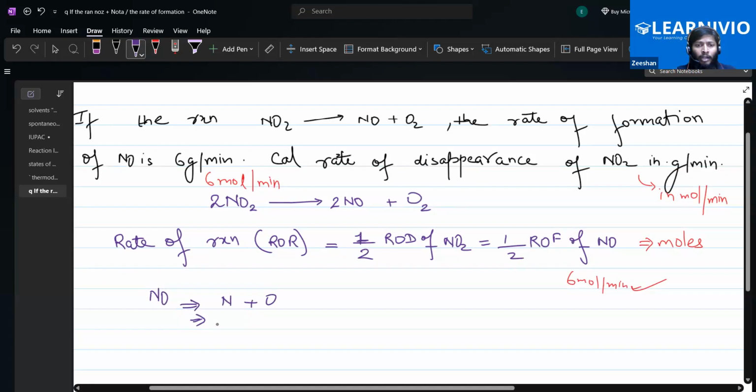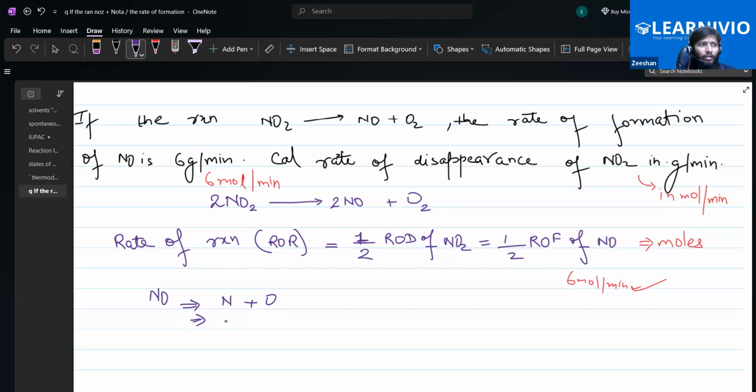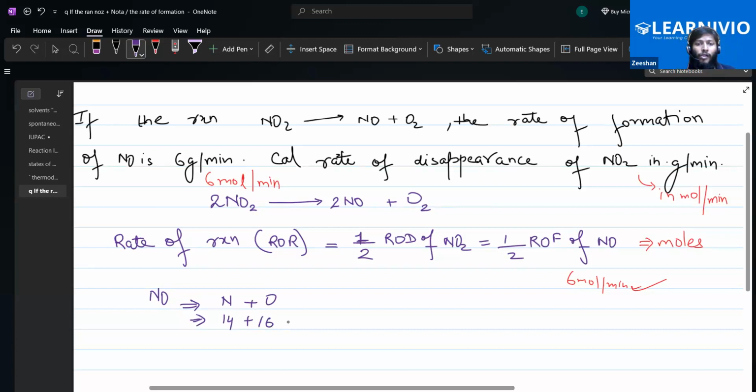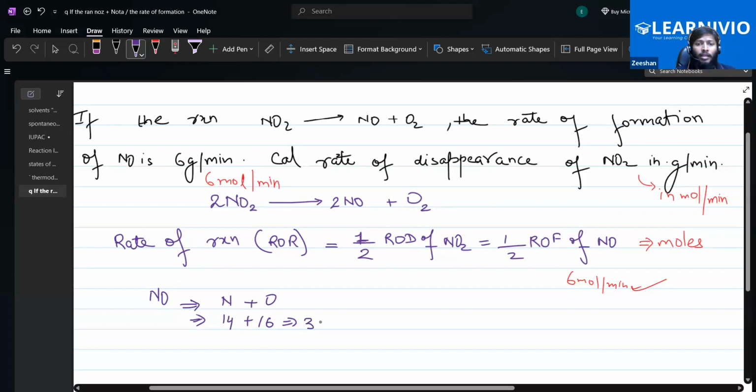Nitrogen atomic mass is, no, 7 is the atomic number. Atomic mass is 14. Okay, 14 plus oxygen, 8 is the atomic number, the atomic mass is 16. So 30 is the molecular mass.